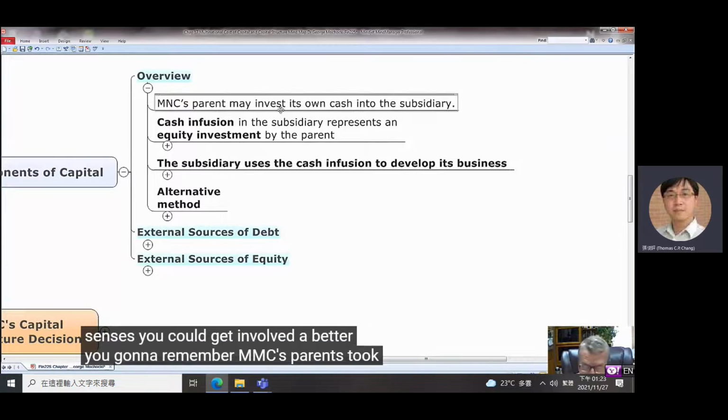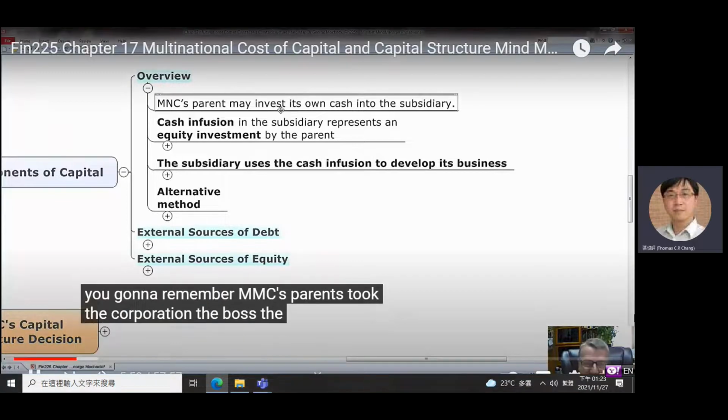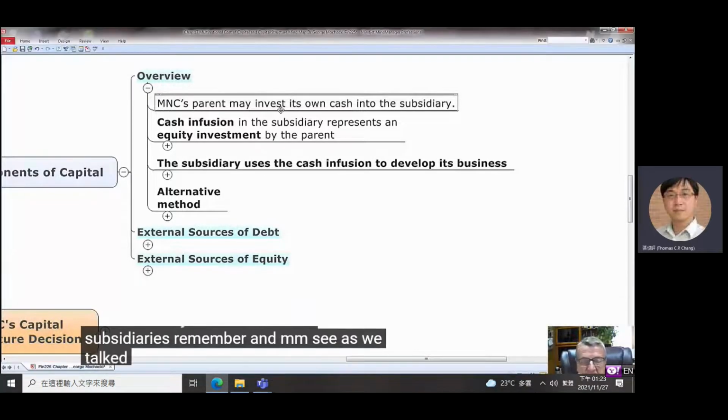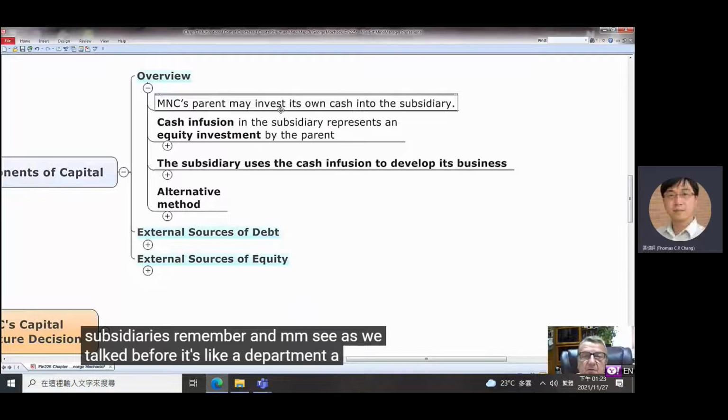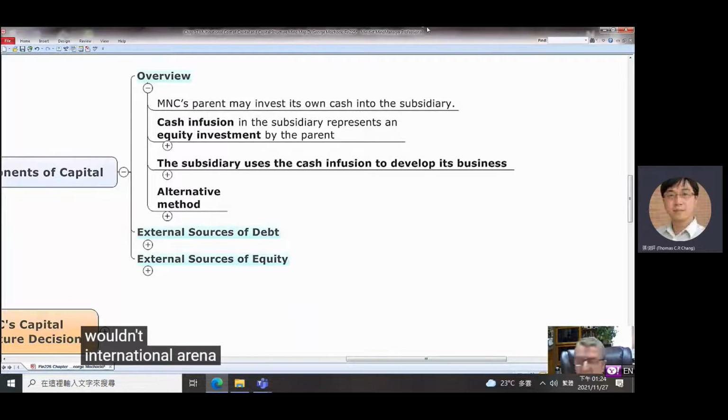The MNC's parent is the corporation, the boss, the shareholders, and they've got subsidiaries. Remember, an MNC is like a corporation with a lot of different departments and functionality. Here's the corporate, and then it's a flat organization with subsidiaries in logistics, distribution, marketing, stores, whatever makes sense within their strategy in the international arena.